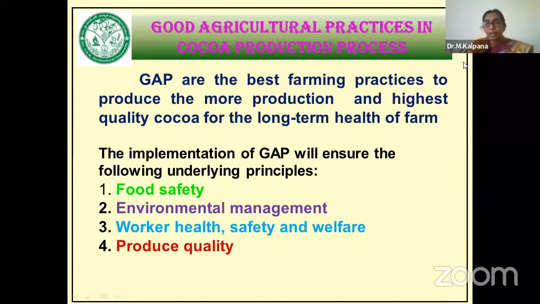Implementation of these practices will ensure the following principles: food safety, environmental management, worker health, worker safety and welfare. Lastly, we will produce quality produce.